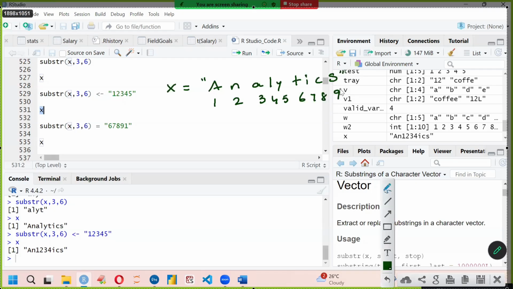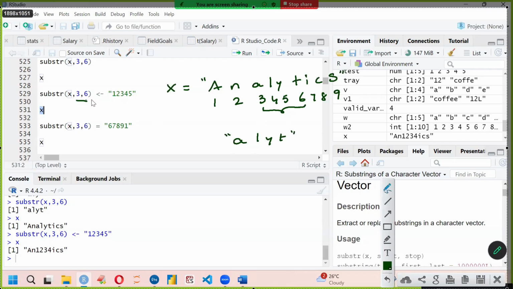So what is x comma 3 comma 6? It means from the third index element to the sixth index element. So what is that? A, L, Y, T.